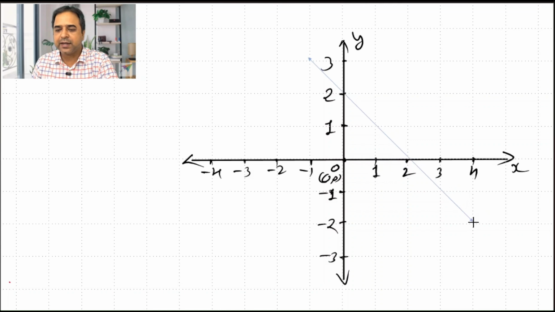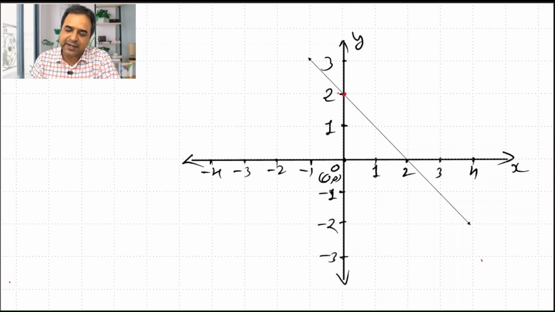You can take any of these coordinates. So here this is my line which is passing through these 2 points. You can see it is present on the y-axis and it is intersecting at 2. On the x-axis also, it is intersecting at 2.